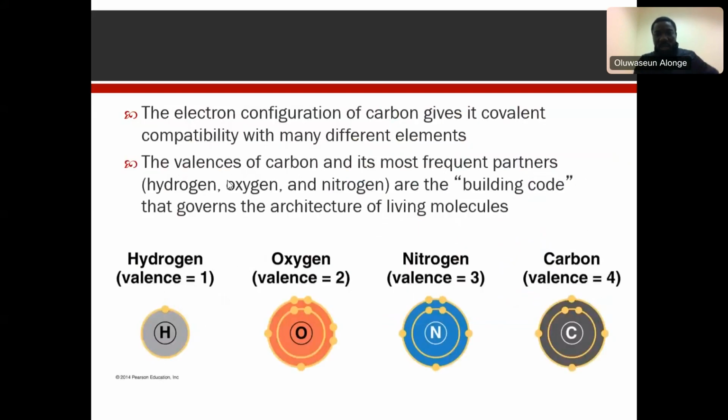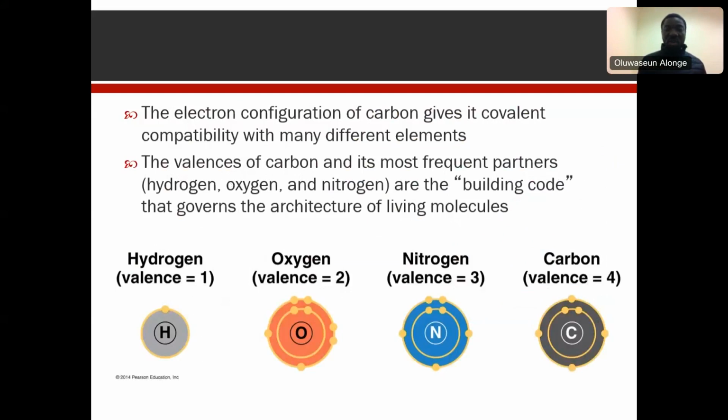Now, looking at this, the electron configuration of carbon gives it covalent compatibility. Don't forget that covalent bond simply involves sharing of electrons by two elements to form a bond. Now, the bonding can be equal sharing and it could be non-equal sharing.